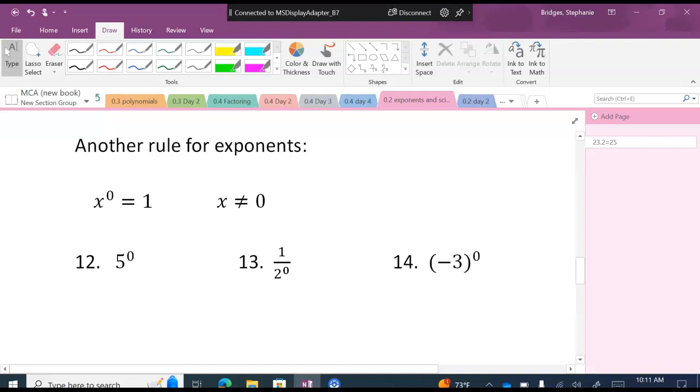Anything to the 0 power is 1 except for 0. That's undefined. I'll never ask you that question, so you don't need to remember it. So if I raised 5 to the 0 power, what would that be? 1, right?